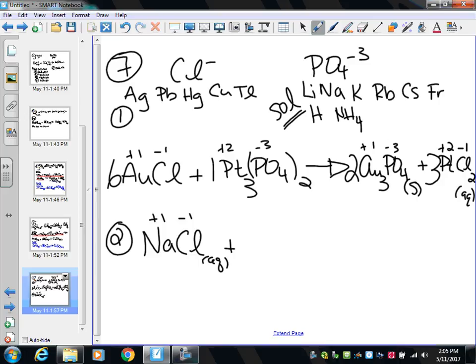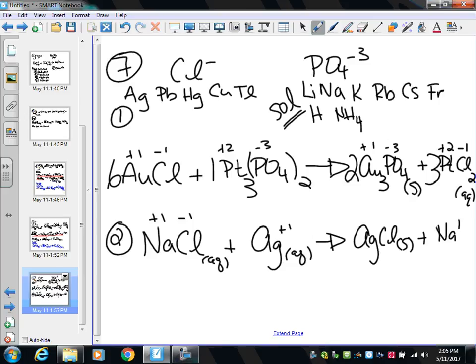I'm lazy, I'm going to choose the first one just so that we're done faster here. Ag is +1 aqueous. When it comes over, my two negatives and my two positives are switching. AgCl is going to make my solid. And I'm just going to have sodium floating about, enjoying life. And I'm going to be balanced. I'm done.